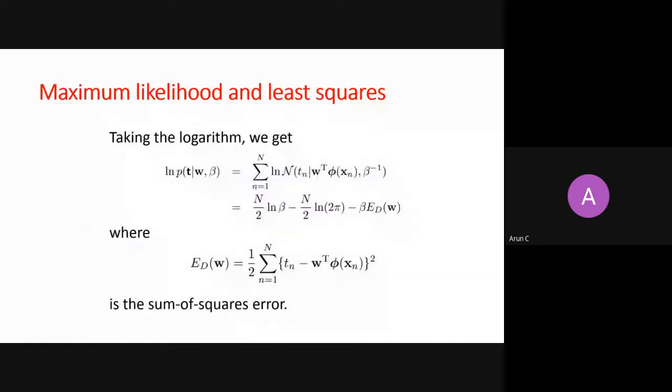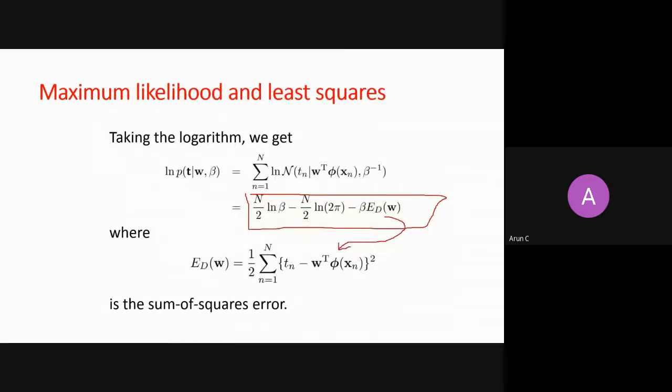So rather than taking the likelihood function, which is the product of probabilities, you take a log, and I have already explained it. Once you take a log, you get this form of log likelihood function, where E_D(W) can be written as this, which is nothing but a sum of square errors.